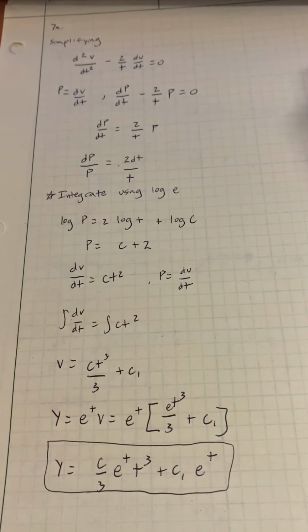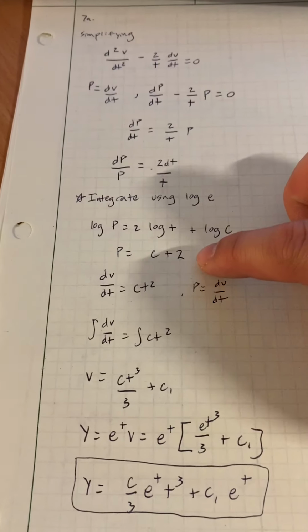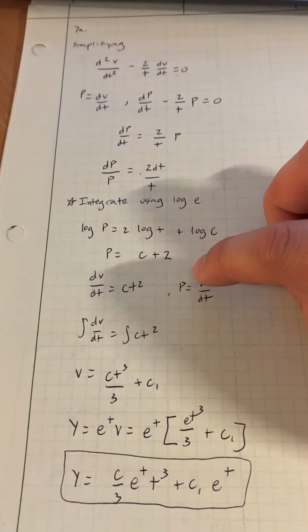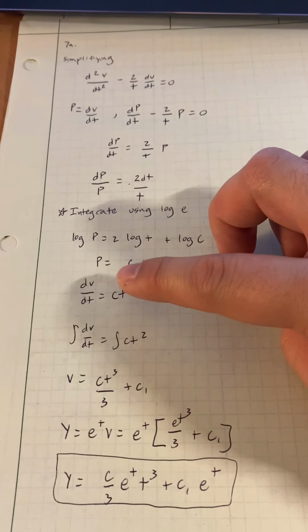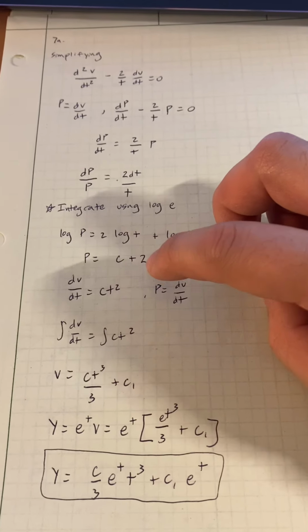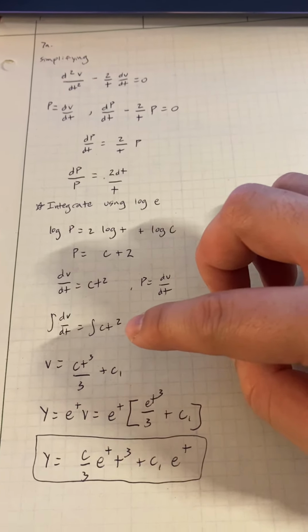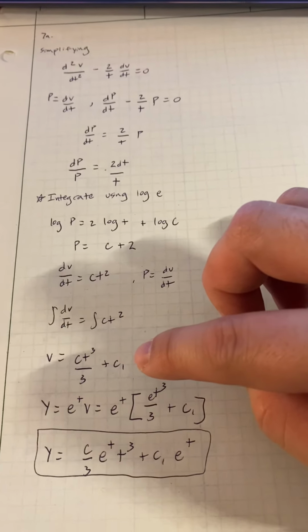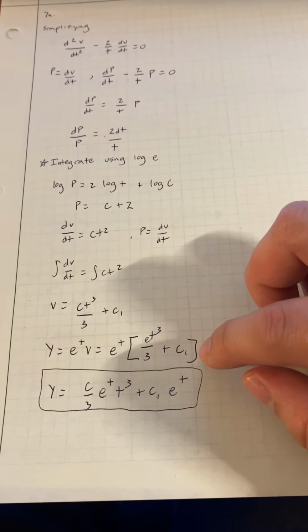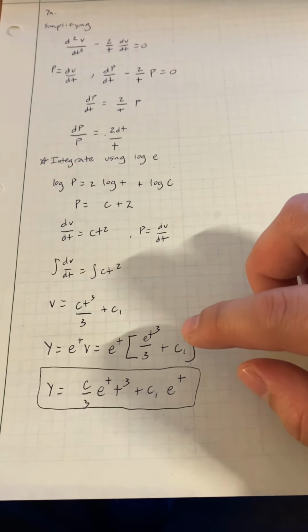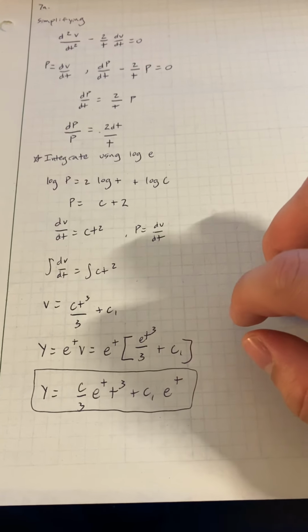Log p is equal to 2 log t plus log c, and canceling out, we get p equals c t squared. Since p equals dv over dt, dv over dt is equal to c t squared. Integrating both sides, we eventually get c t cubed over 3 plus c1, and then we plug that back into y equals e to the t times v, which is e to the t times brackets c t cubed over 3 plus c1.